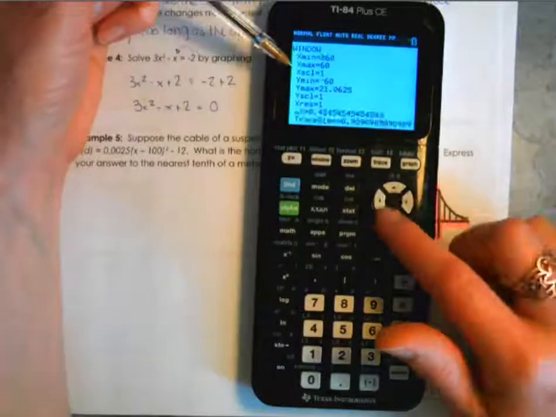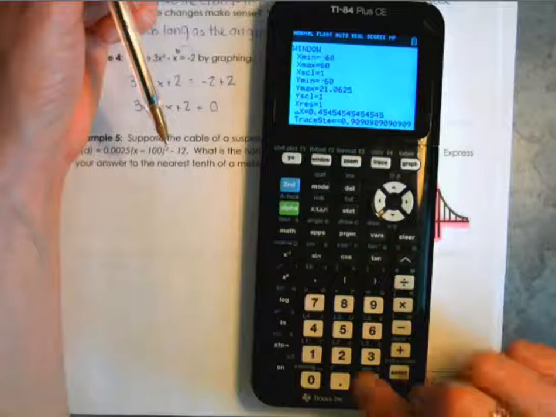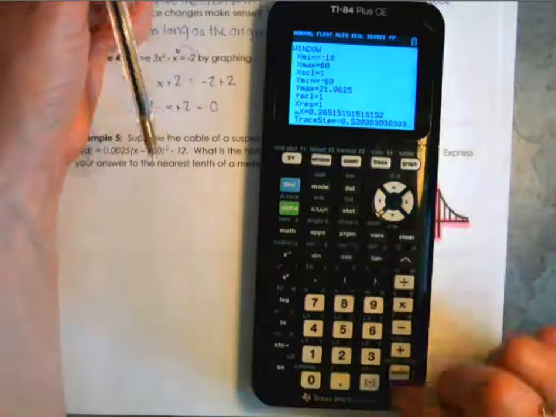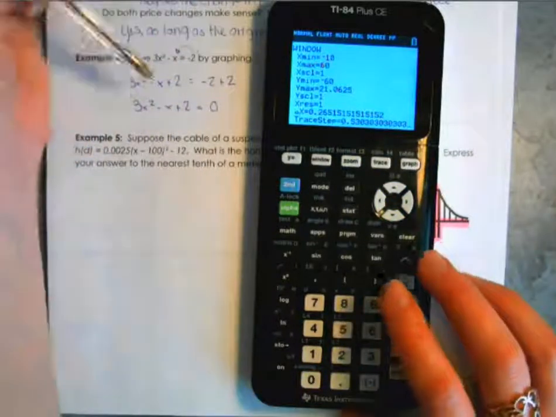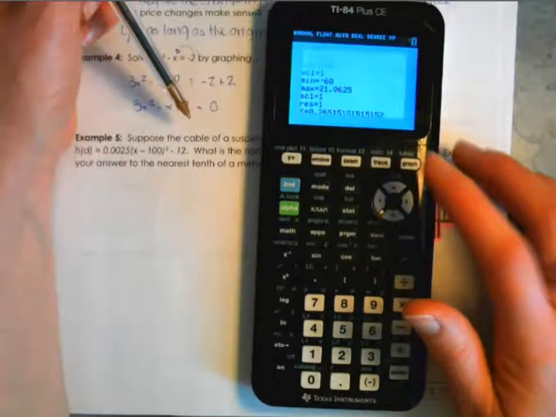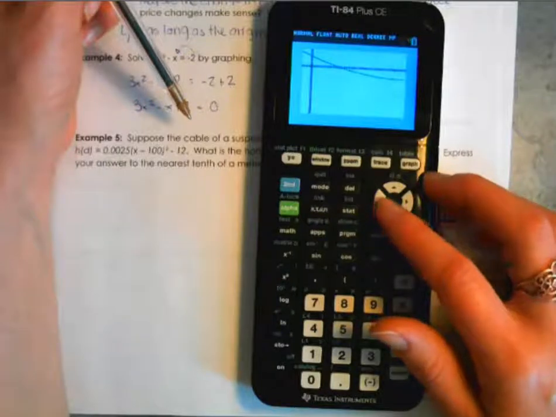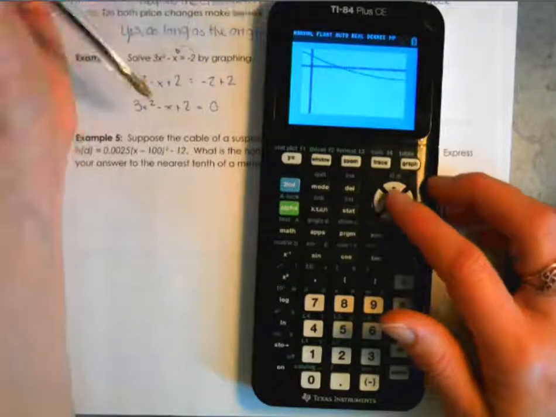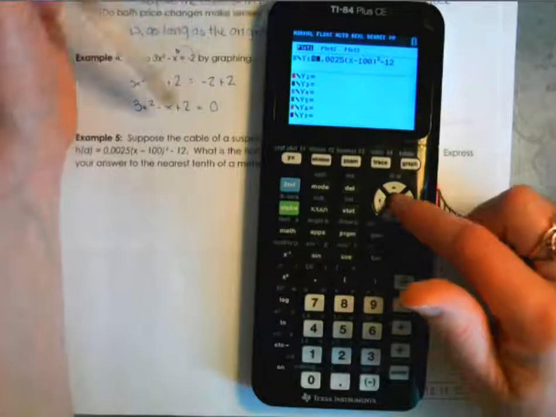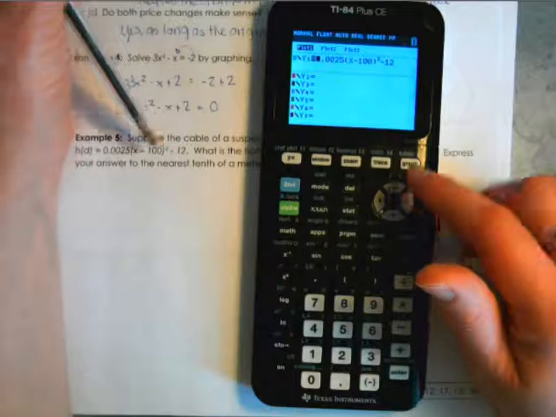We don't really need the X minimum set that low, so let's go minus 10 and 100. Let's see. Okay, I'm just going to double check here: 0.0025, x minus 100 squared, minus 12.